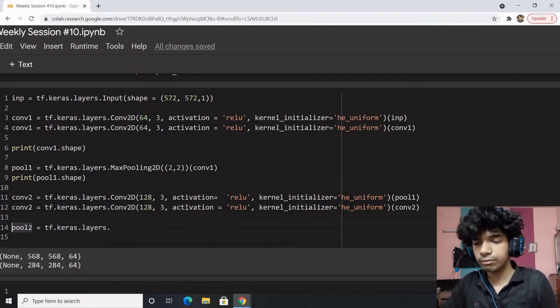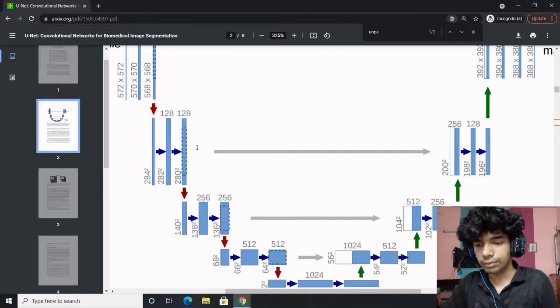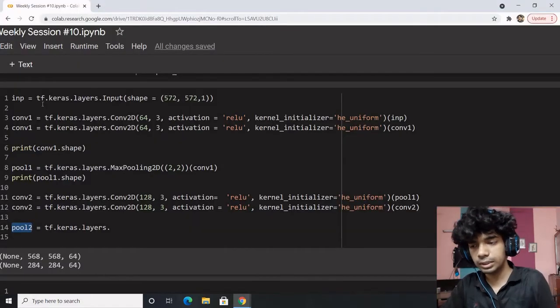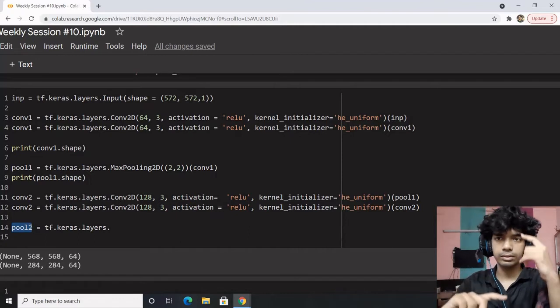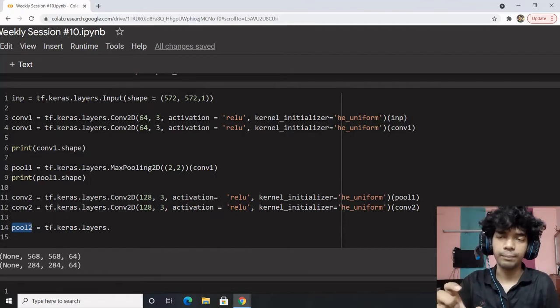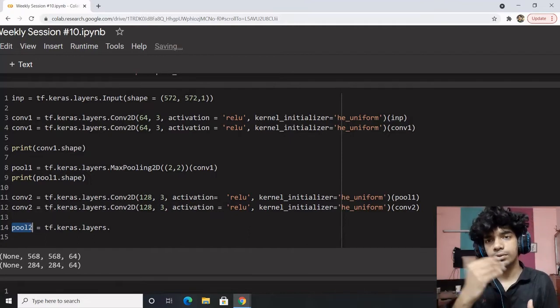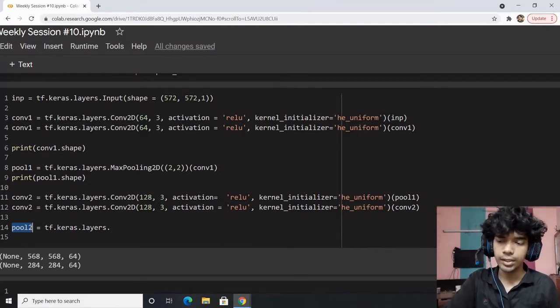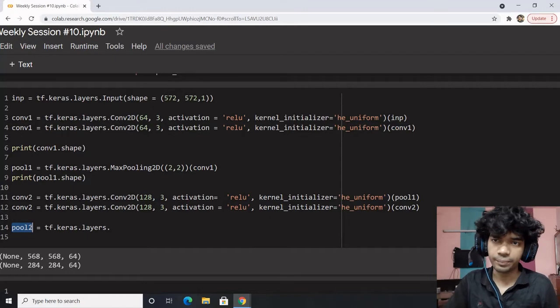So if you don't change the name, what would happen? We won't be able to access this particular layer, right? If the variable name remains the same, you won't be able to access any particular layer. To access any particular layer, you need a different variable name.